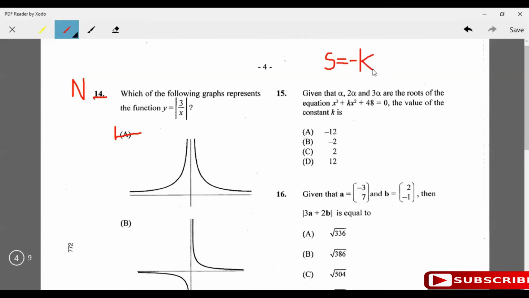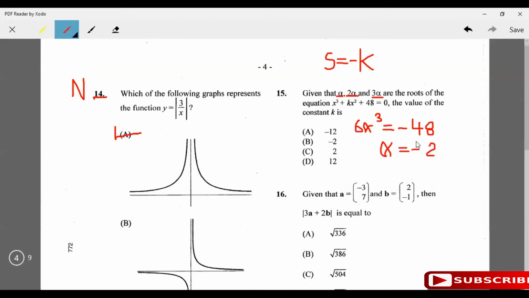The next thing we know is that the product of the 3 roots, 3 alpha times 2 alpha times alpha, works out to be 6 alpha cubed, and that is equal to minus d over a, so it's equal to minus 48. So alpha must be equal to negative 2.